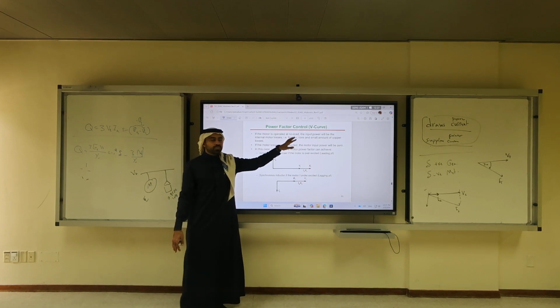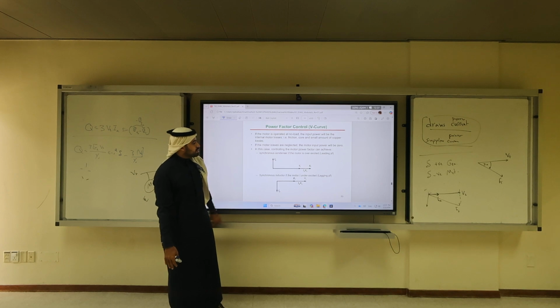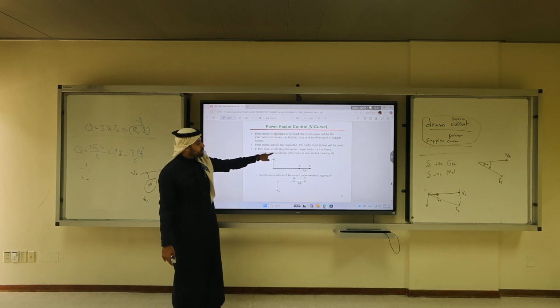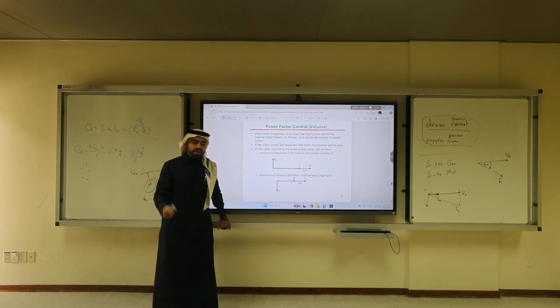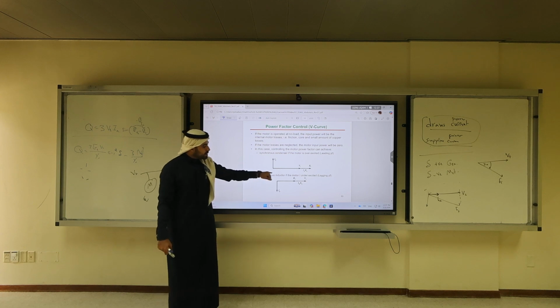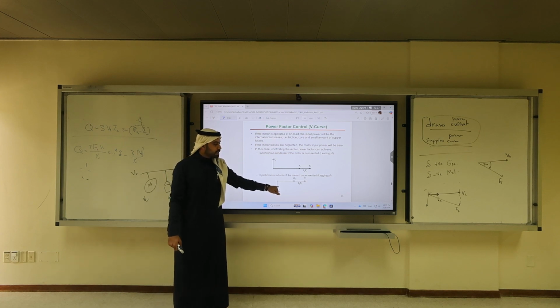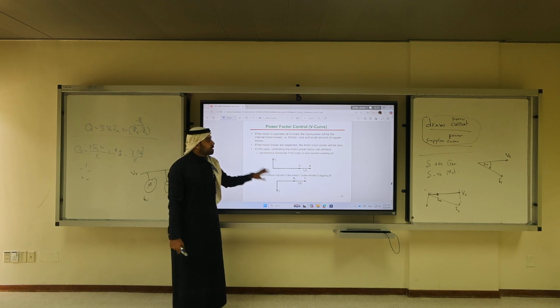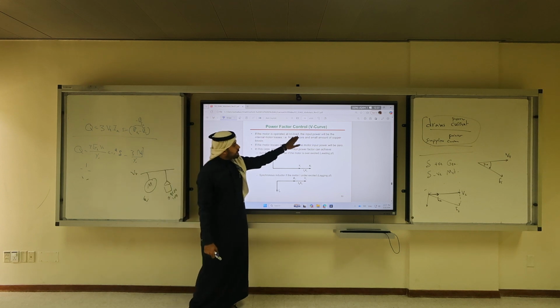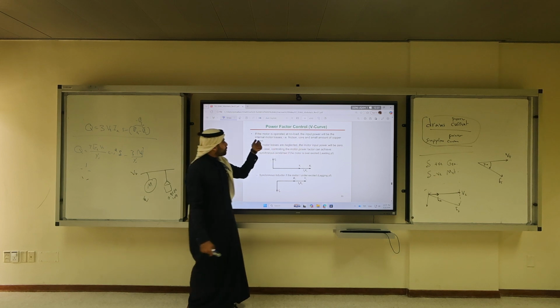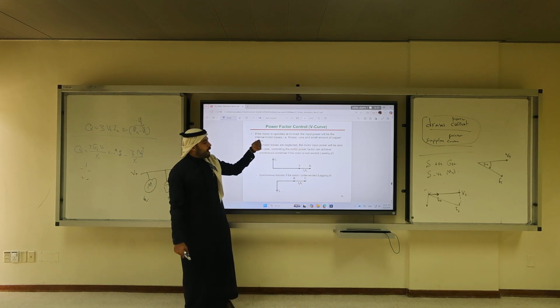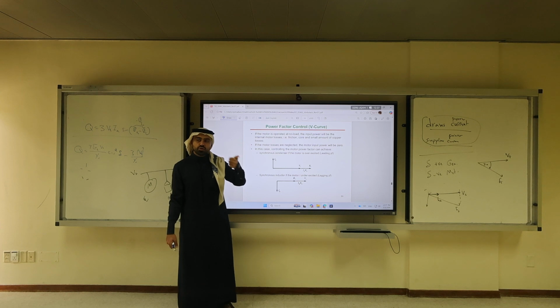This is what we call a synchronous condenser, if they are leading. We call it a synchronous inductor if I want a lagging power factor. So if the motor is operated at no load, all of my input power would go to either losses, friction, windage, spinning in the air, maybe a small amount of copper losses.